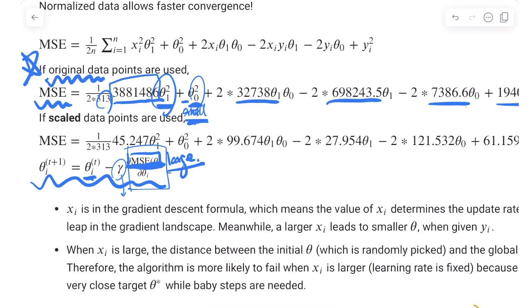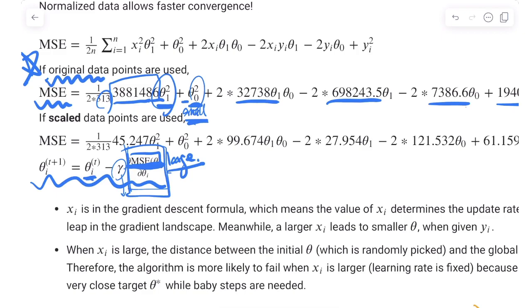So the step for the theta 1 direction would be quite large, and in the theta 0 direction, finding the optimized theta 0 star would be slower because the step is quite small. So that is not that good.